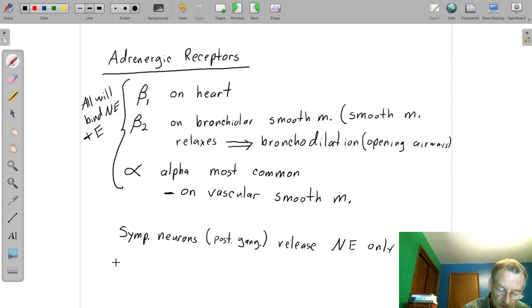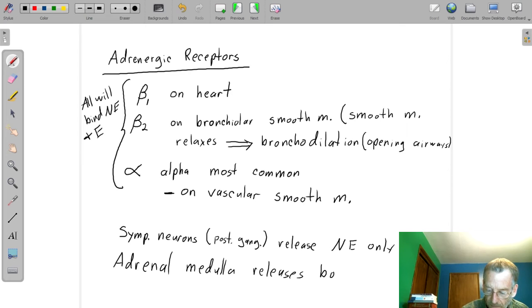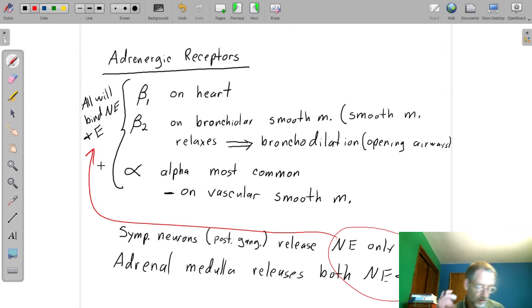The adrenal medulla, the adrenal glands, releases both, NE and E. And both of those will stimulate all of those receptors.